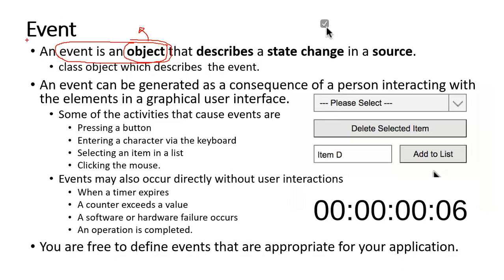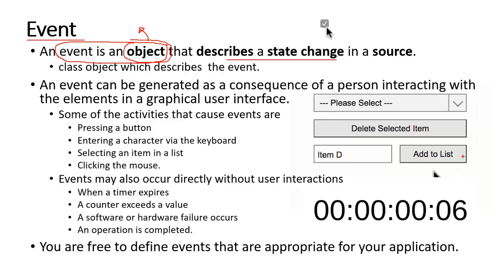Which class is this? We'll look at it slightly later. We know very well that in Java we need to know about classes, interfaces, and so on. So an event is an object. What does it do? It describes the state change in the source.